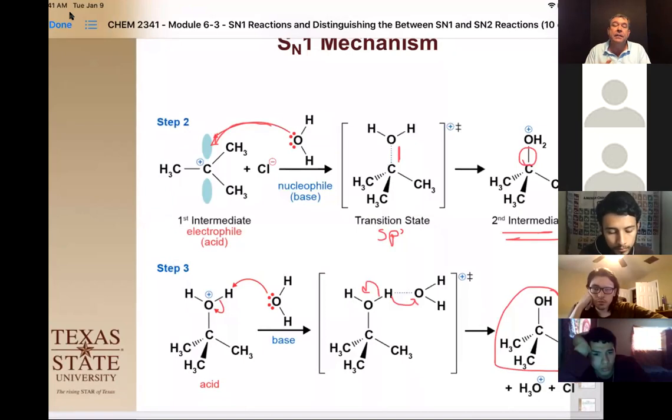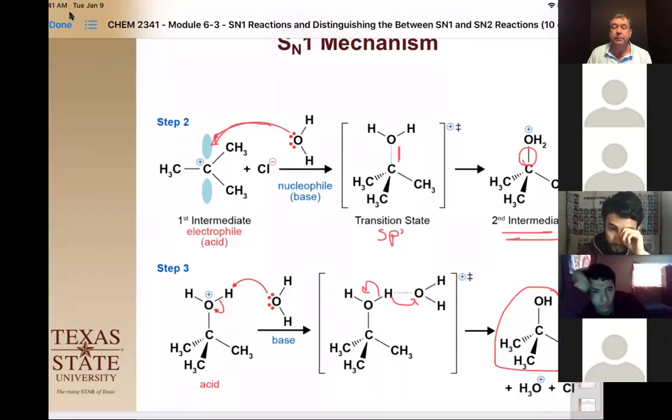So we have to have a third step, the deprotonation of the alcohol, to give us our final uncharged organic product. Those are the 3 steps of the SN1 mechanism if you're attacking with a neutral species.